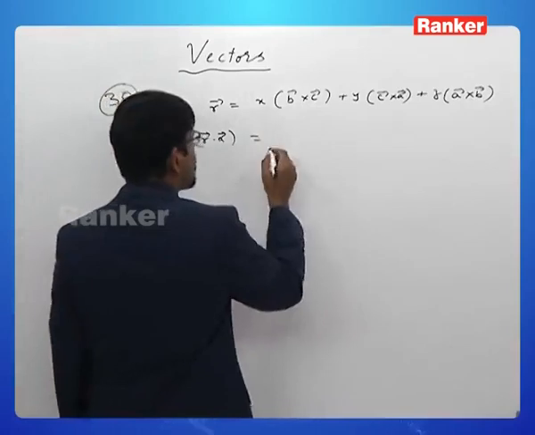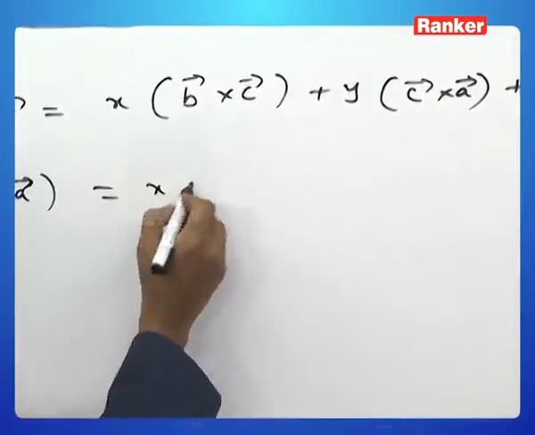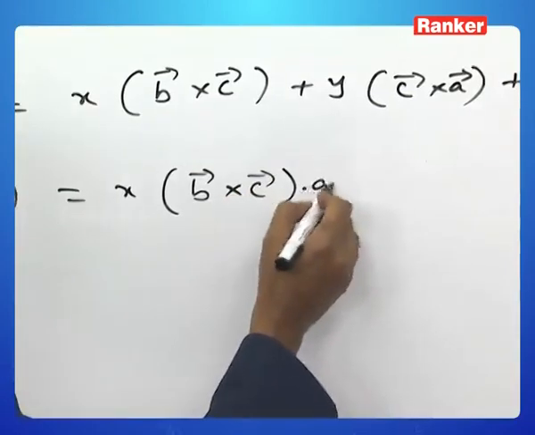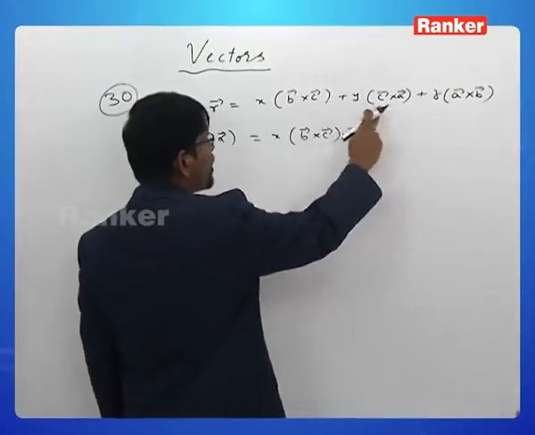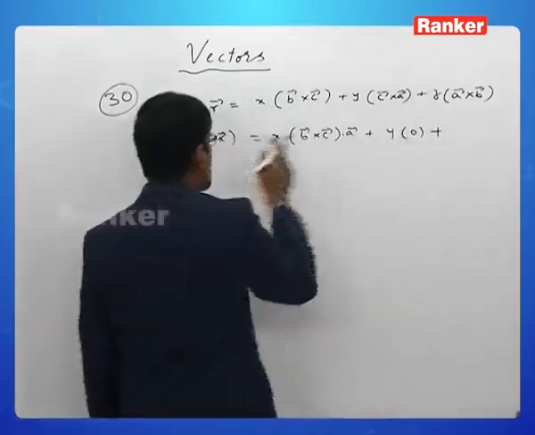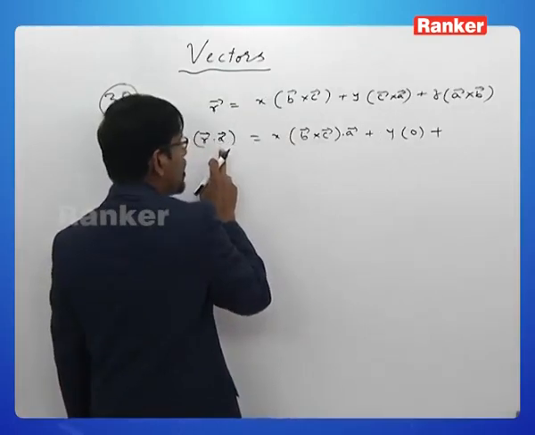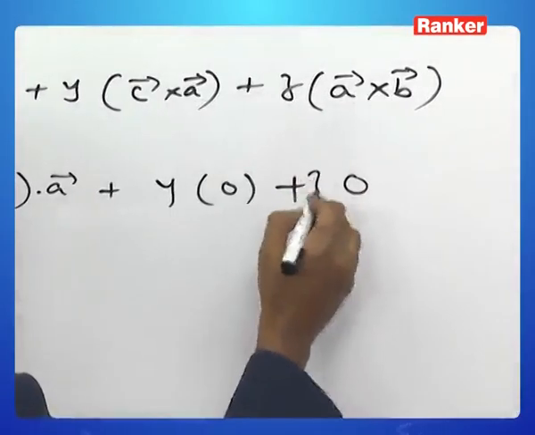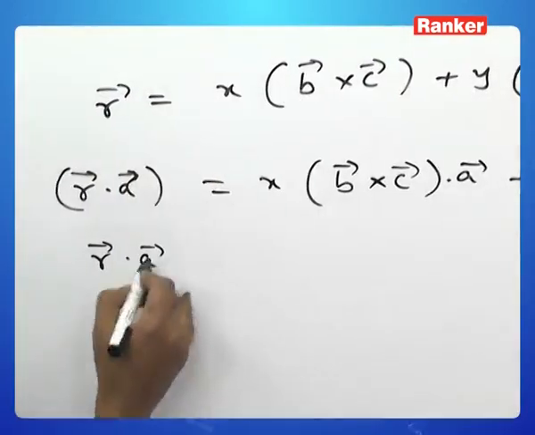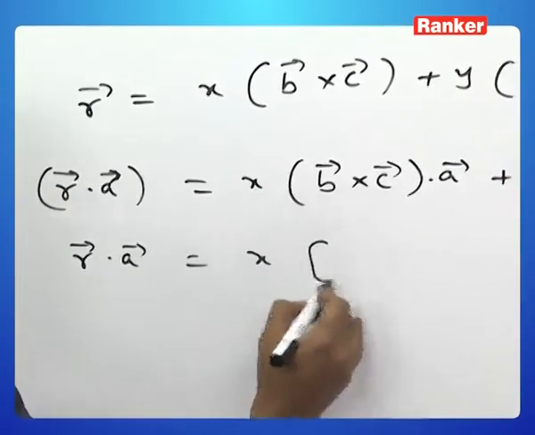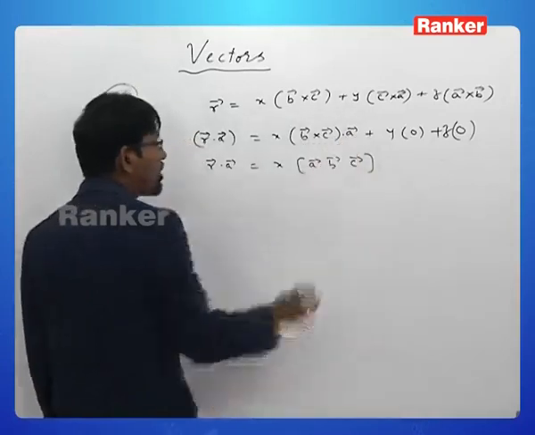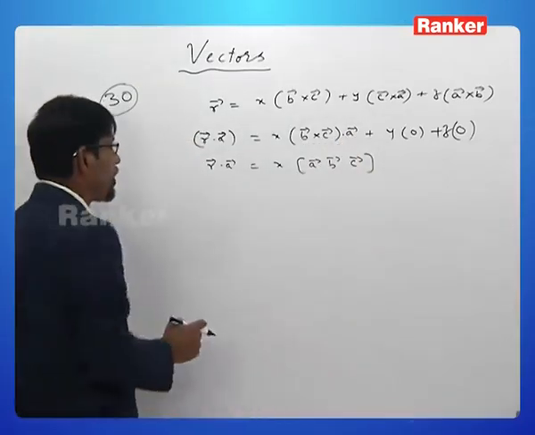R bar dot A bar is going to be x into B cross C dot A, and when you take the dot product of C cross A with A, it will be 0, so y into 0, and A cross B dot A also will be 0, so z into 0. So R bar dot A bar will be simply x times the box of ABC, because B cross C dot A is nothing but the box of ABC.